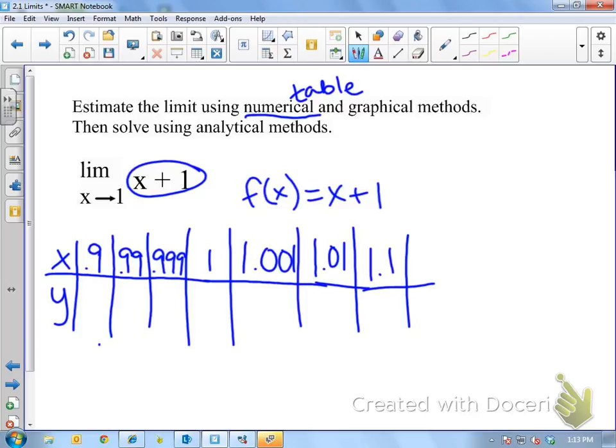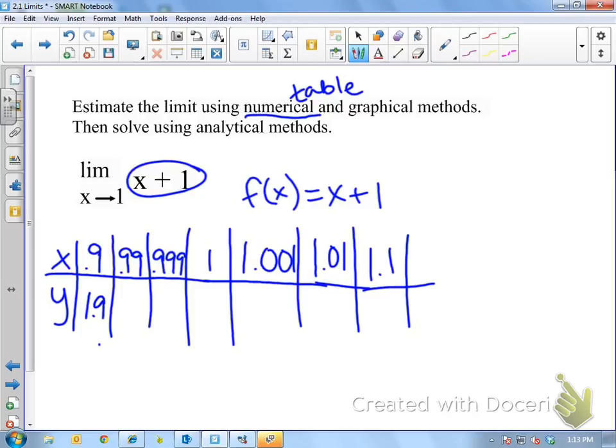How do I find y values? Plug in x. So we plug in 0.9. What should we get? 1.9. 0.9 plus 1. 1.9.